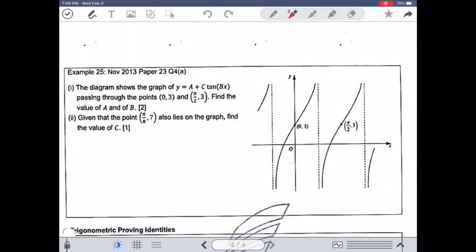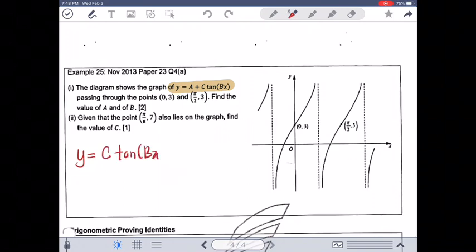Okay, now let's have a look at the last example. The diagram shows the graph of y equals a plus c tan bx passing through the points 0, 3 and pi over 3. So we want to find y equals c tan bx plus a, and it is easy to see that the normal tan graph without the shift will start from 0, but now it starts from 3.